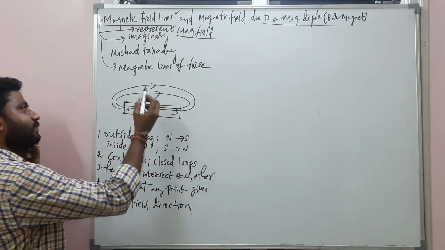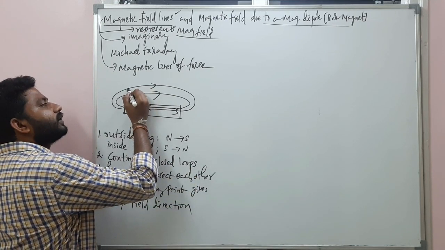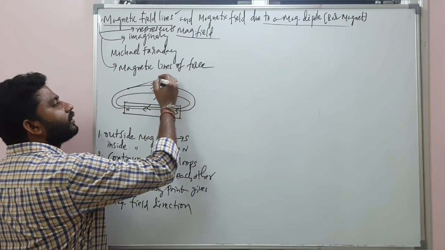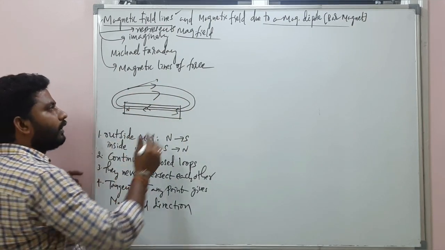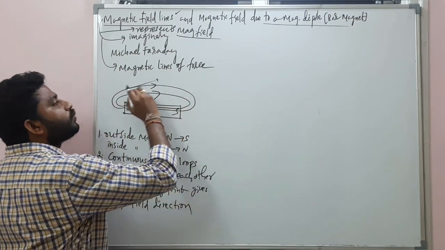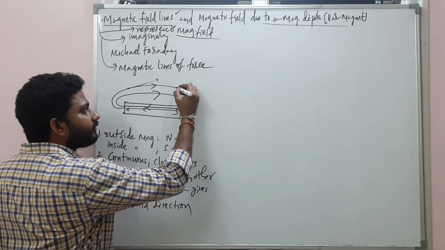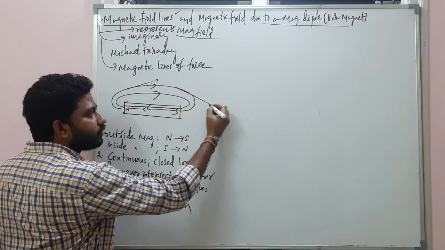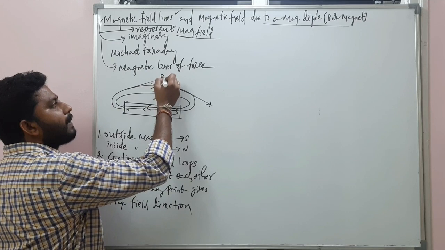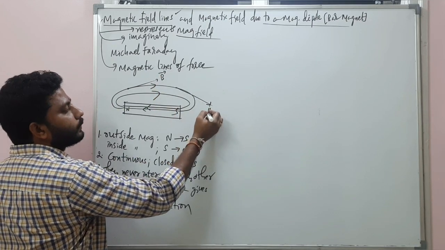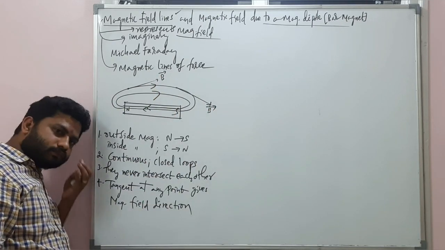For example, at this point, if you want to draw the tangent, it can be drawn in this way, because the field line is moving in this direction. This is the magnetic field direction it will give you.